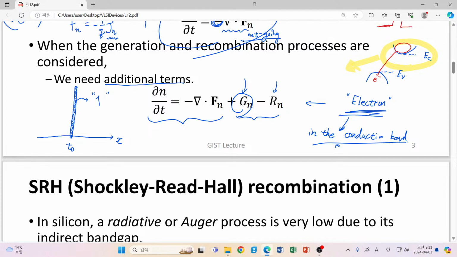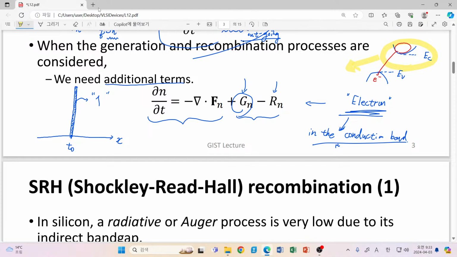Previously we had one electron, but it suddenly disappears. So it looks like an electron is annihilated. However, it is never gone away. It just changes its k position.